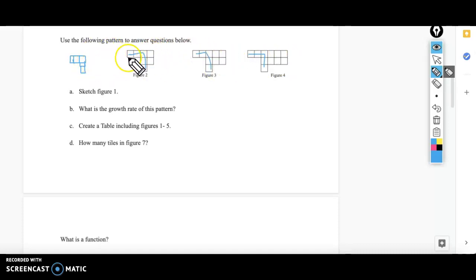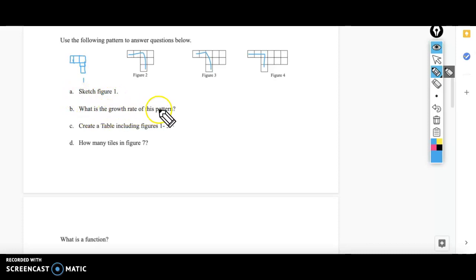So it's going down by 2, which means over here we're not going to have any boxes on this side. So this should be what figure 1 looks like, just that L shape with the 3 across and 3 down. So that's our figure 1.